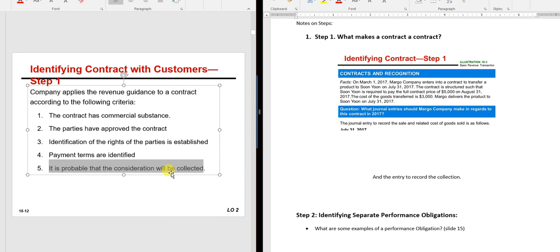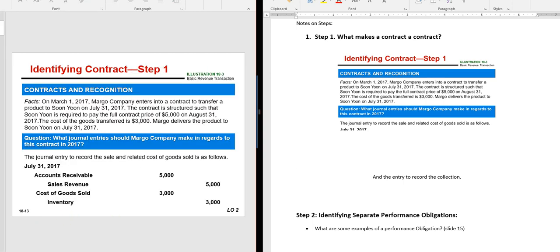There are times when you do it on a micro level: if I sell to a high-risk customer, I may wait to recognize my revenue until that high-risk customer actually pays me the cash, because collection is not definitely known. So you can put it on a customer by customer basis. Generally, we put it on an overall basis, and we'll talk about those.